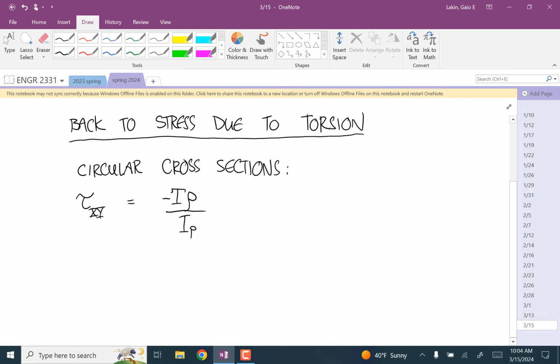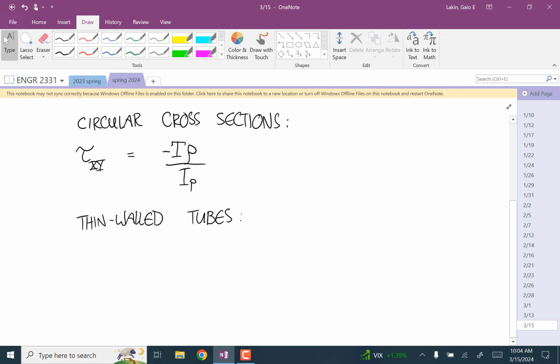And for thin-walled tubes, you have negative torque divided by 2 times the thickness times the median area.